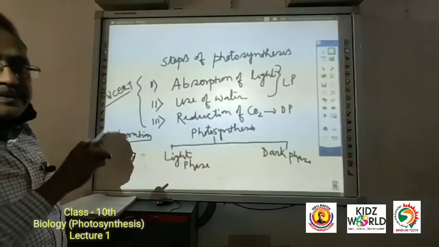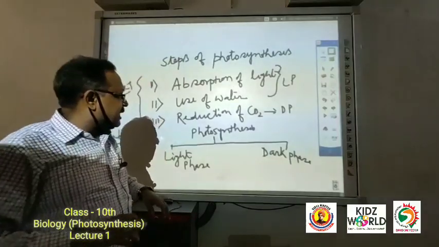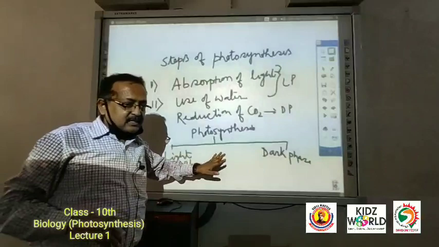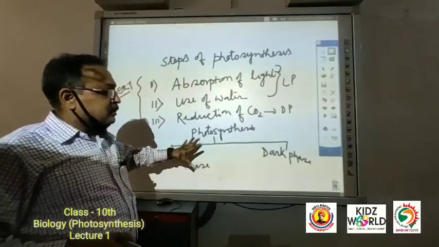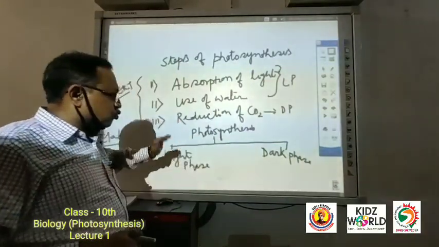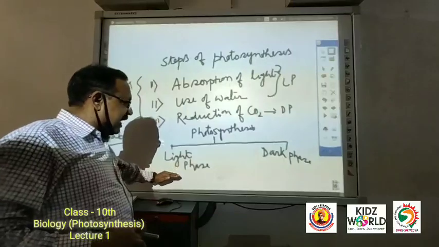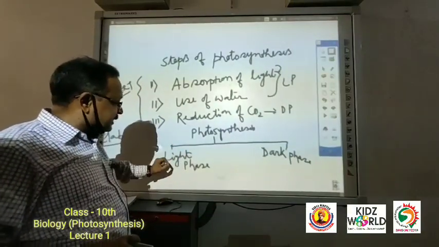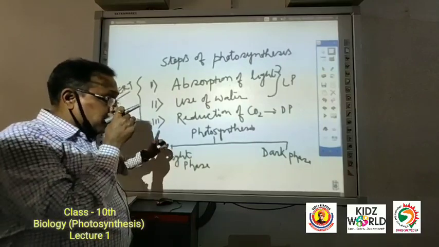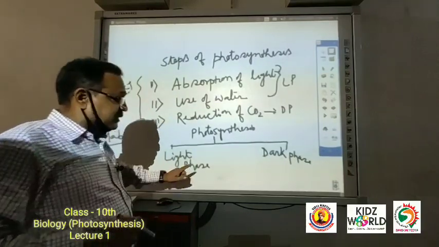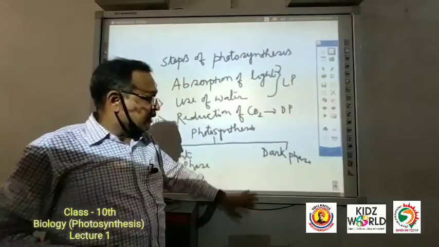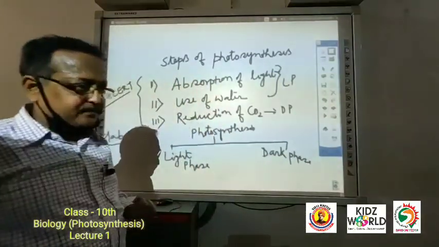But when you go to bigger classes, you will see that photosynthesis is divided into two steps, two phases. One is the light phase. The name tells itself that it completes in the presence of light, and the dark phase takes place in the absence of light.